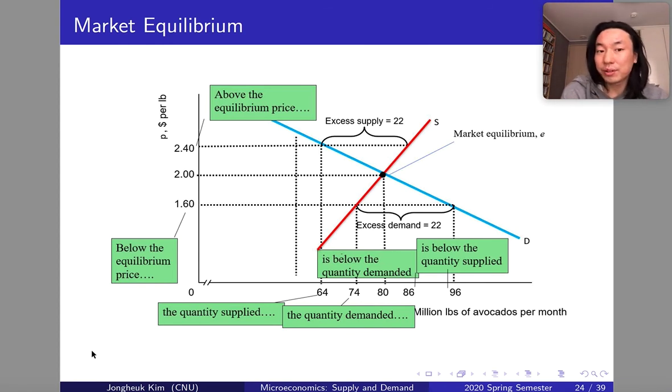So at the price level of $2.40, this market does not have equilibrium. Another case is excess demand, right? You can easily define it by yourself. This is just the opposite situation of the disequilibrium. I will not explain the excess demand, because you can do that by yourself.